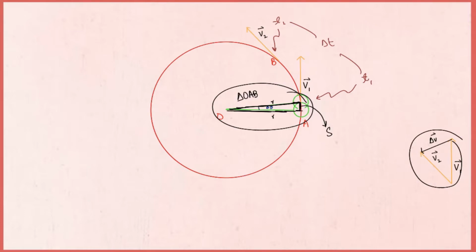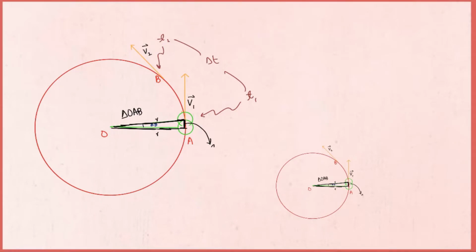It is easy to understand this assumption if you visualize this circle as a magnified version of a smaller circle. When delta theta is very small, then points A and B are so close that they make a line segment instead of an arc. So we get a line segment AB instead of an arc AB. Let me erase this to make everything clear.